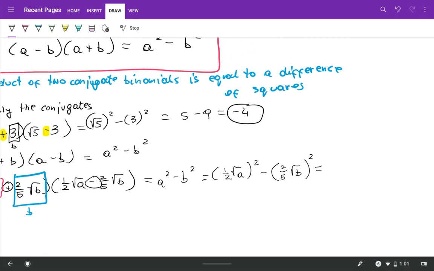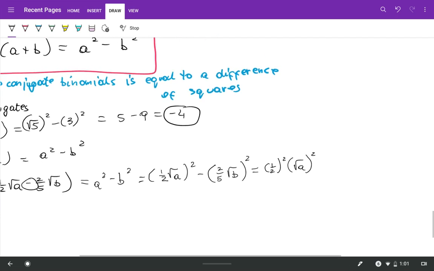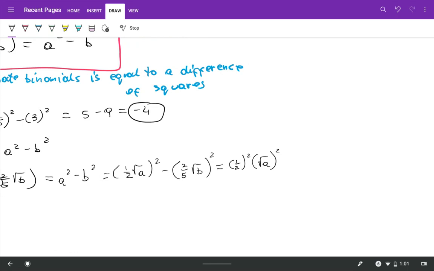So again, don't forget that you can only use that formula when you have conjugates. So that will be equal. Since you have a product, you have to distribute the power. So that will be 1/2 to a second power, square root of a to a second power, minus, and we distribute that power to both.